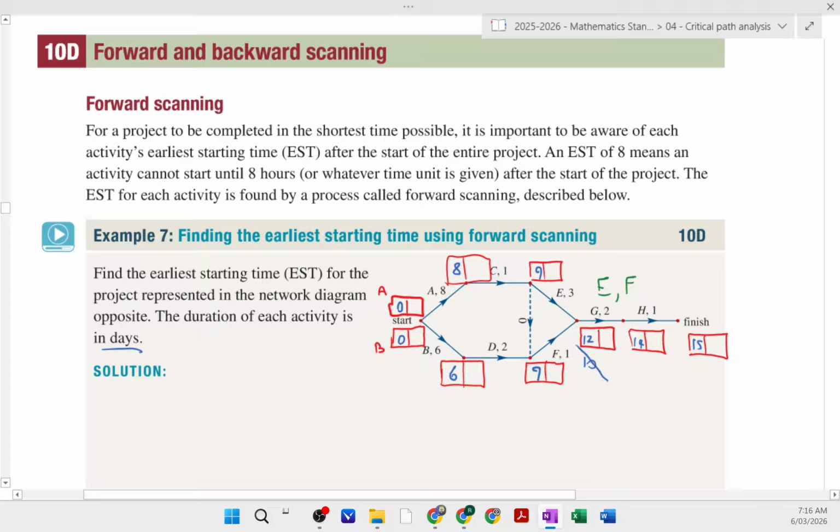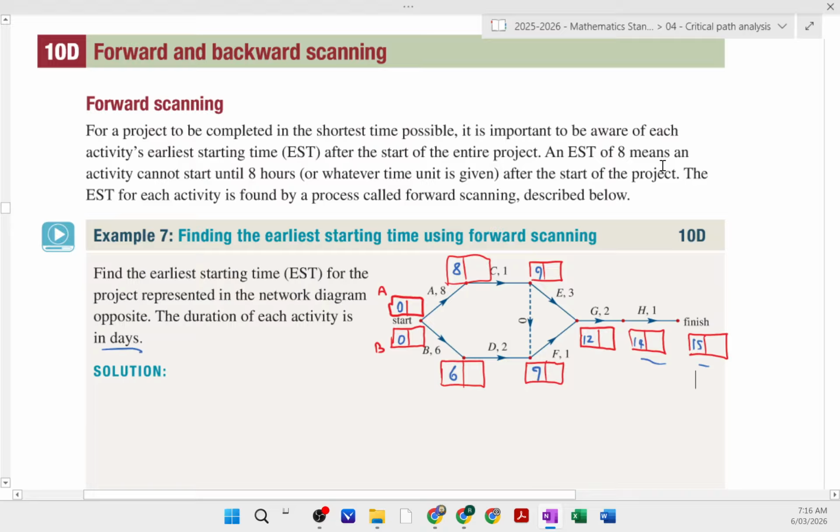So even though you thought it might be 10, it cannot be. It has to be 12 because it's coming down that track as well. Okay, so that is the earliest starting time. You follow on, you get to the 14, you get to the 15.